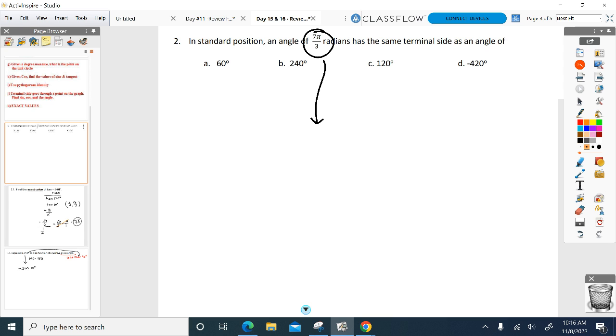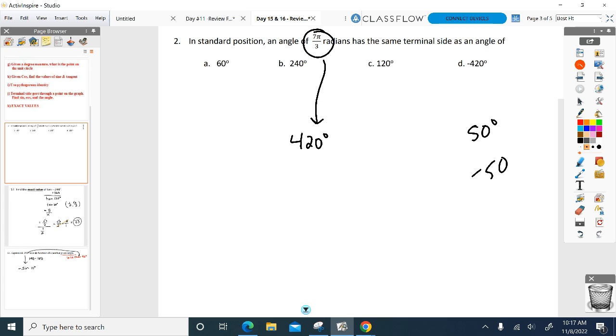Formula sheet, pi over 3 times 7, or pi equals 180. Anybody have the conversion? 420. 420, thanks, Howie. Yep, 420. This is why I wanted to go over it. Positive 420 and negative 420 are not the same angles. Look, 50 degrees is in what quadrant?